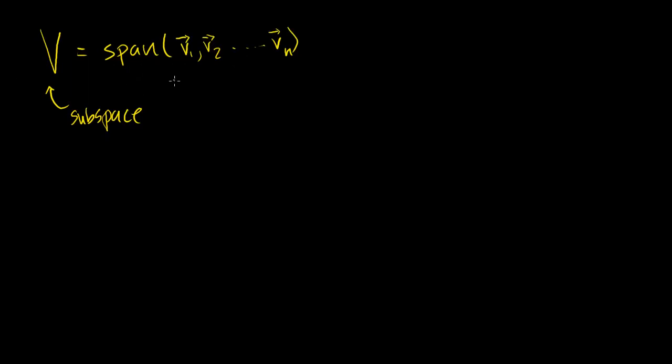So v1, v2, all the way to vn, this set of vectors are linearly independent. Now, before I give you the punchline, let's review what exactly span meant. Span meant that this subspace represents all of the possible linear combinations of all of these vectors.